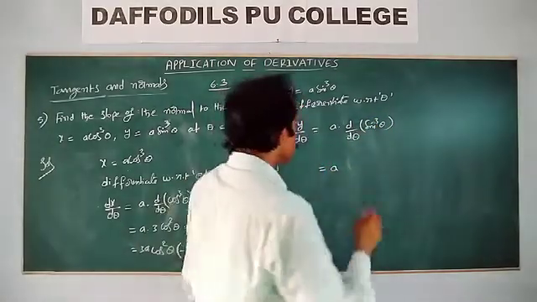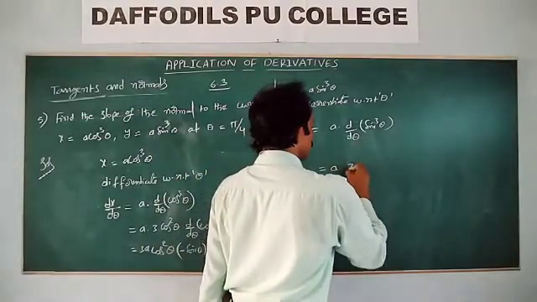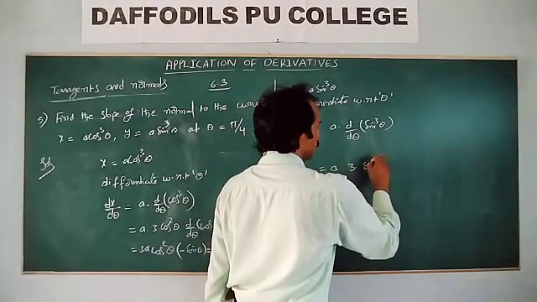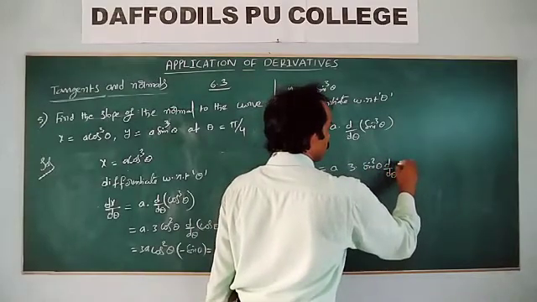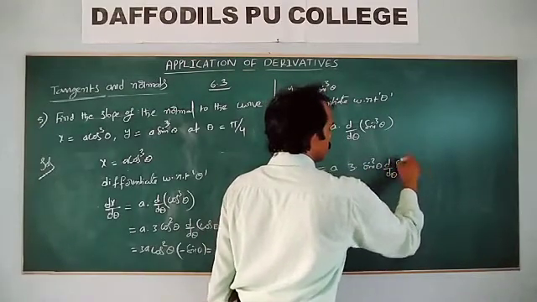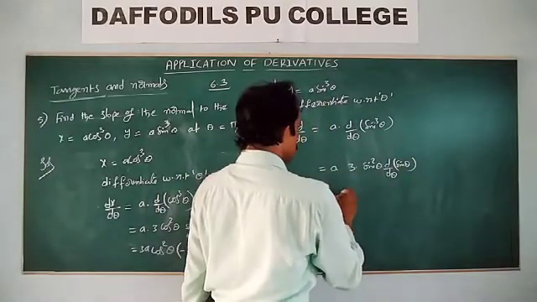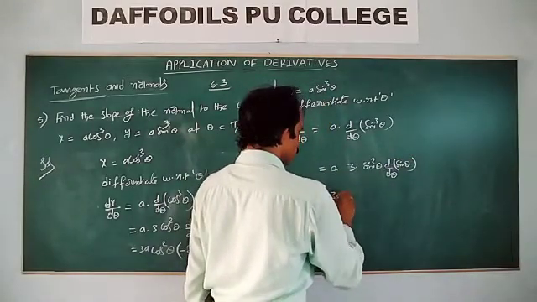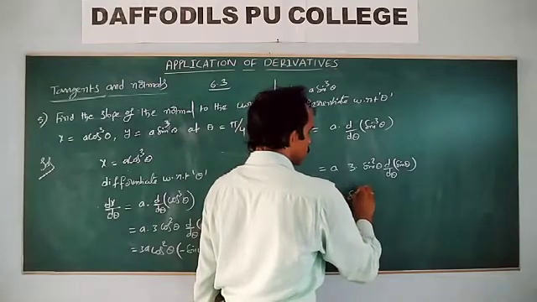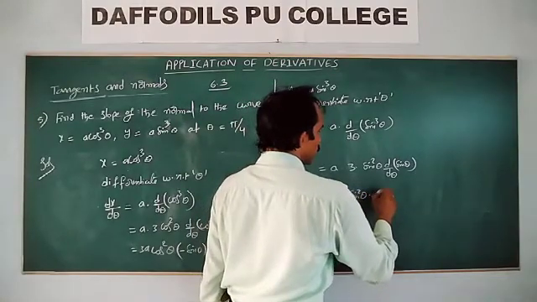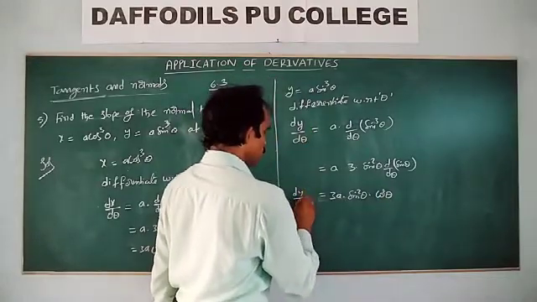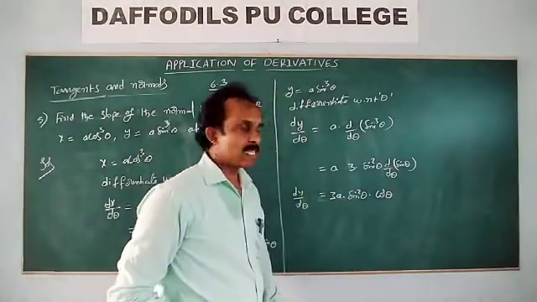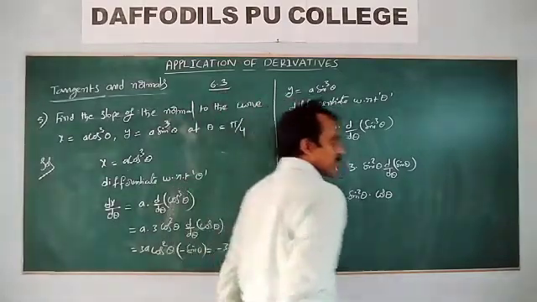What is this value? 3 into sin square theta into d by d theta of sin theta. That is equal to 3a sin square theta cos theta. Therefore dy by d theta is equal to 3a sin square theta cos theta.